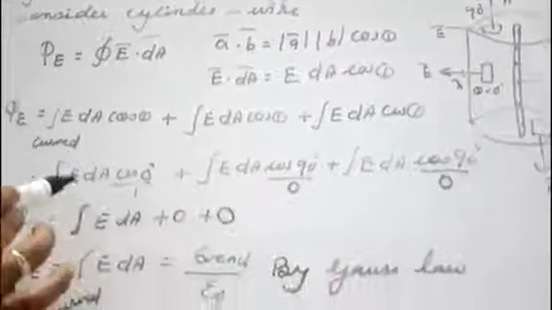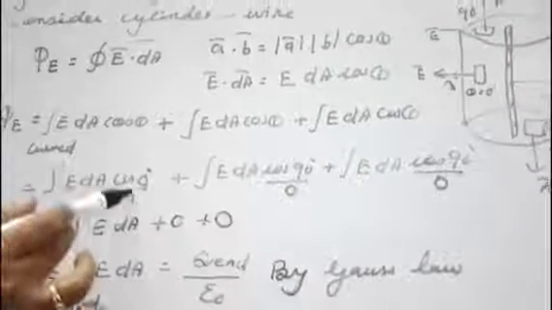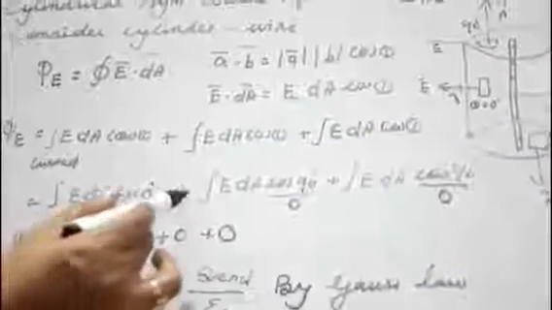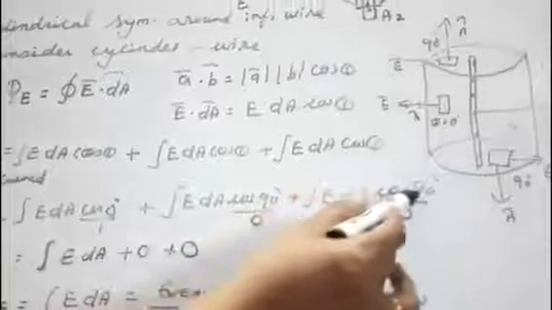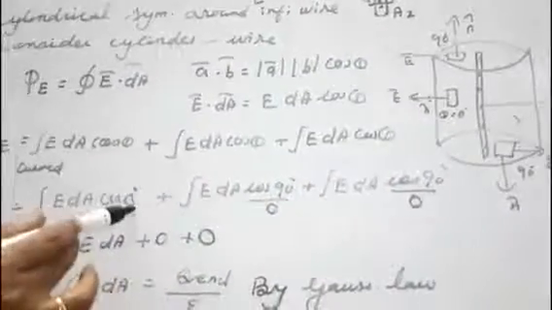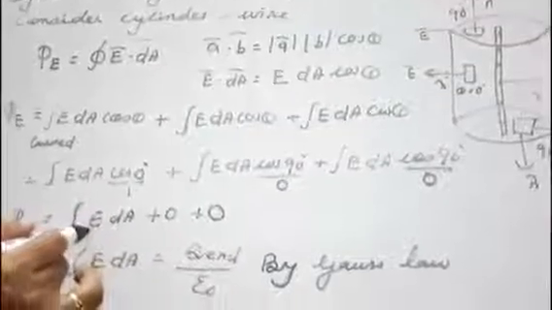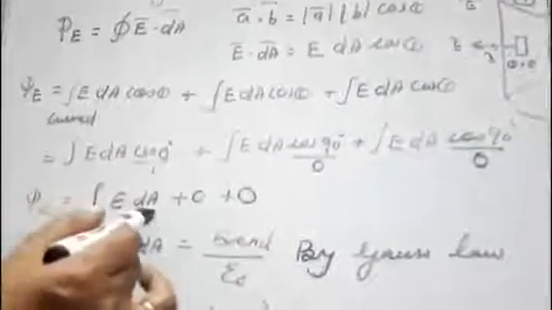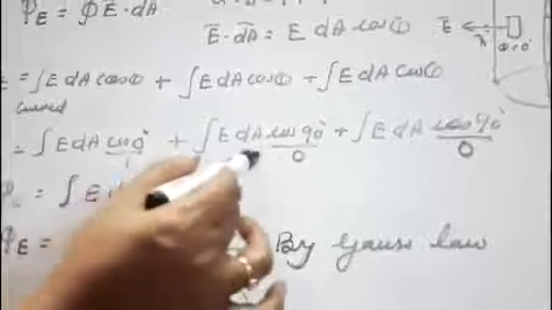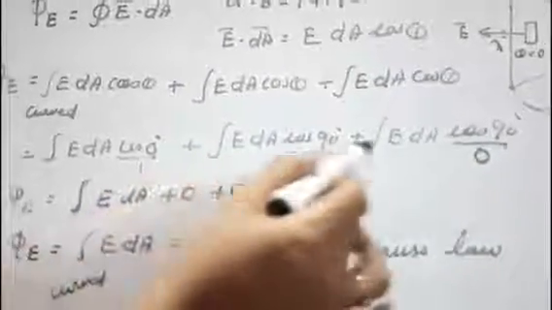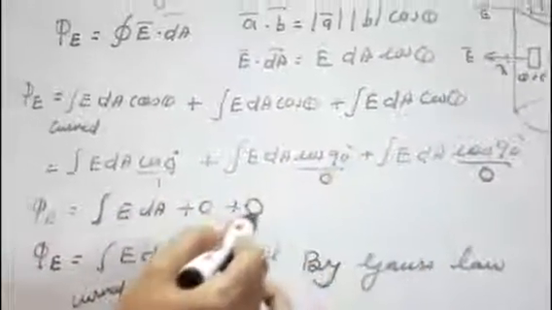Here for the curved surface theta value we can write 0. For top and bottom surface theta value is 90 degree. So cos 0 means 1. Therefore this we can change as integral of E dA into 1 plus E dA cos 90, value is 0, and for the third one, bottom surface, cos 90 value is 0.